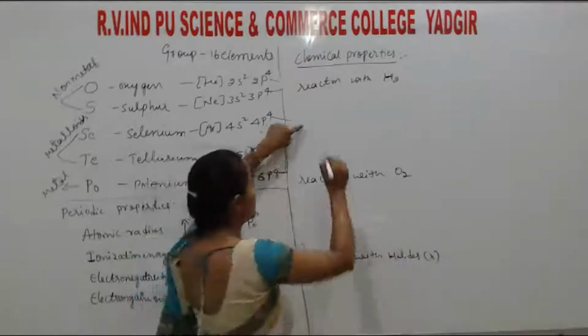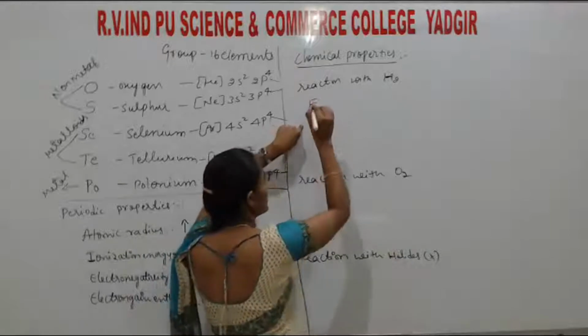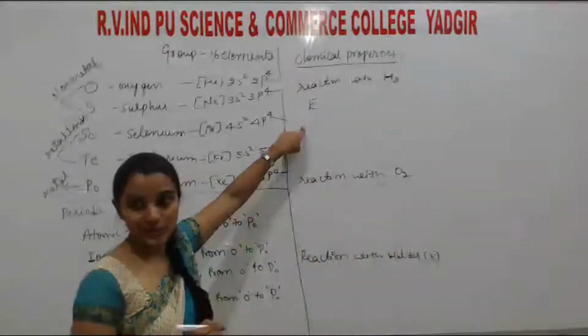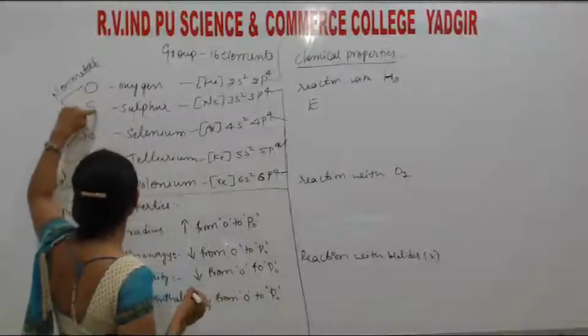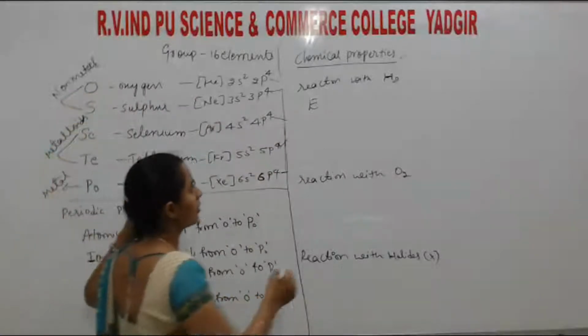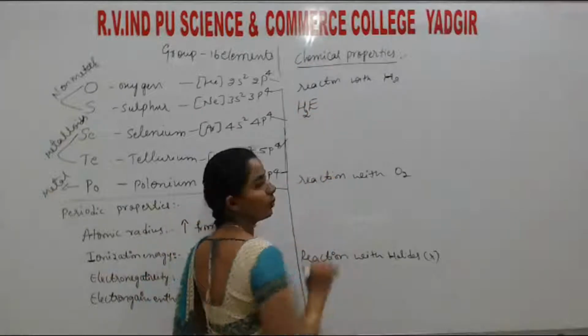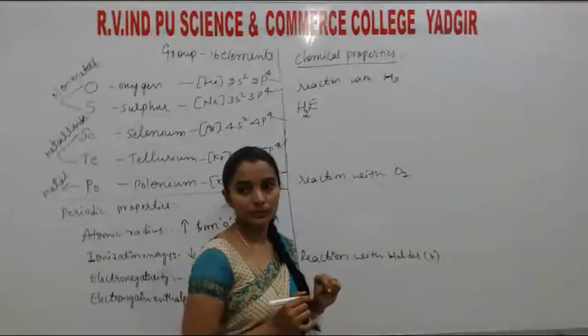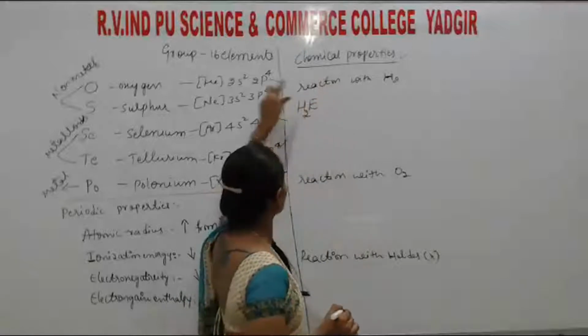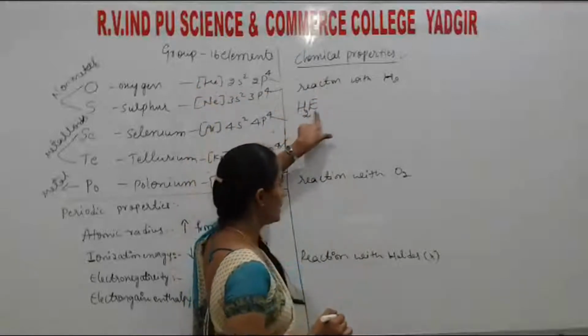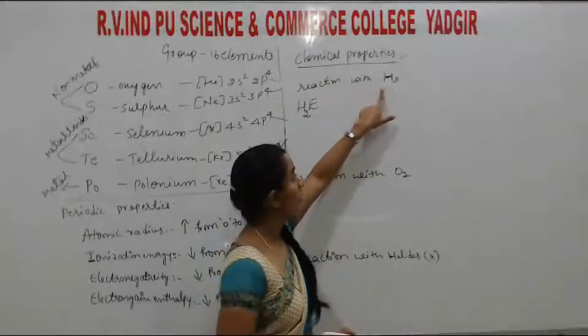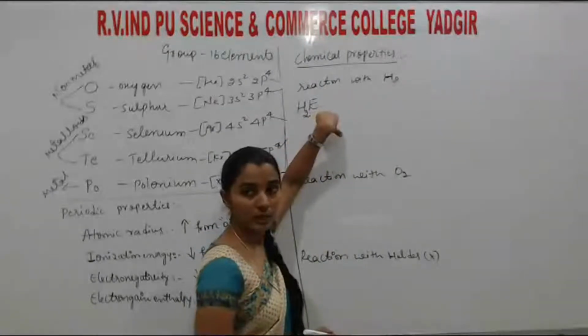So students, if we consider E as the group 16 elements like oxygen, sulfur, selenium, tellurium, polonium, they form H2E type compounds. When these group 16 elements E combine with H2, they form H2E type compounds.